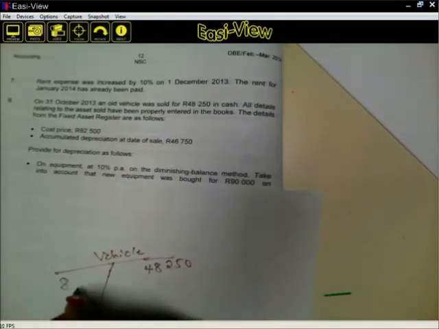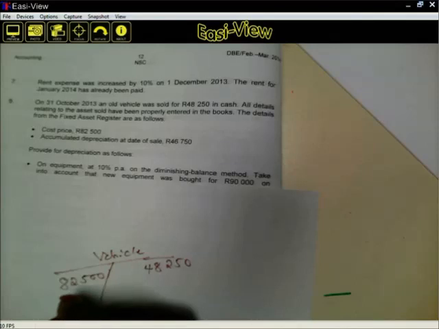It was sold for how much? 48,250. It's a vehicle. Cost price 82,500. And then the accumulated depreciation 46,750.